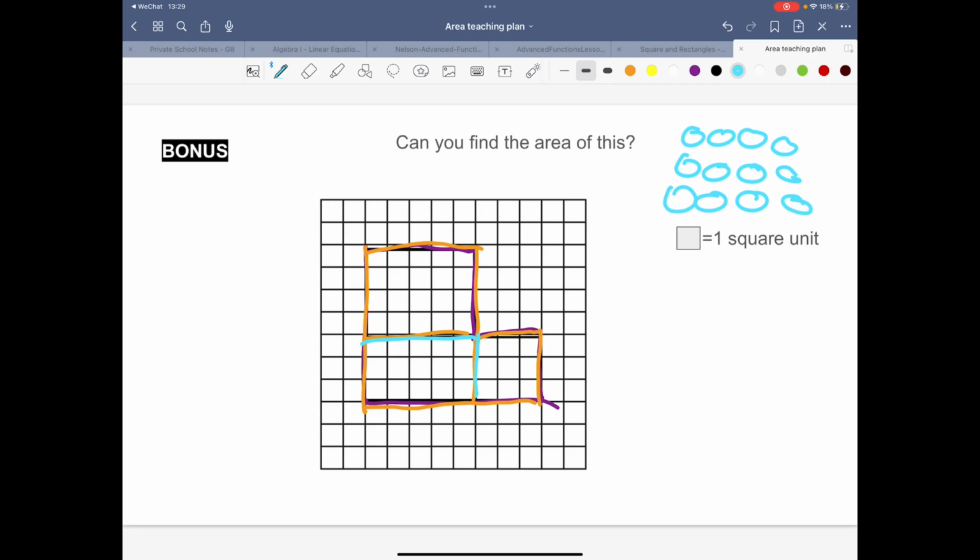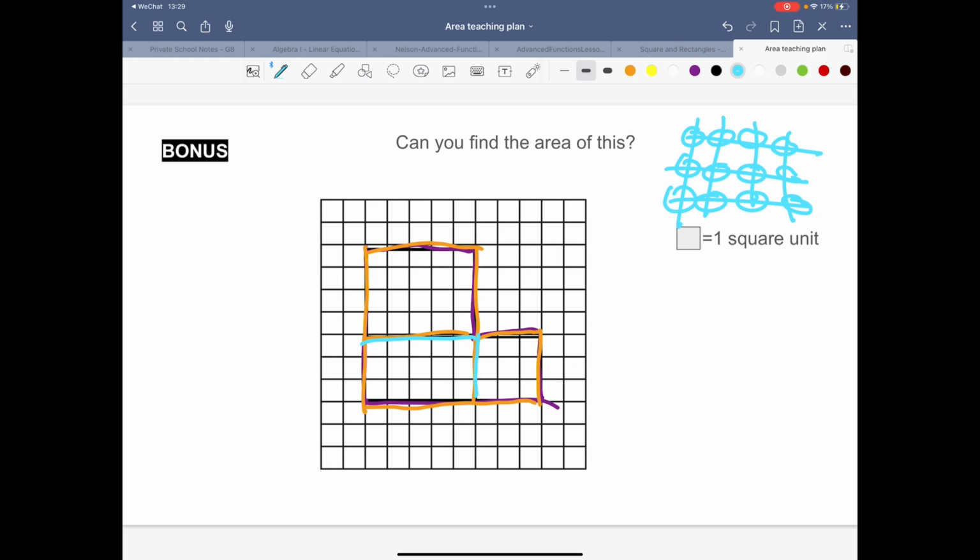An array has columns and rows. So there are 4 columns and 3 rows. And you know what this means? A column and a row stands for multiplication groups. And since we have 3 columns, 4 rows, 3 times 4 equals 12.